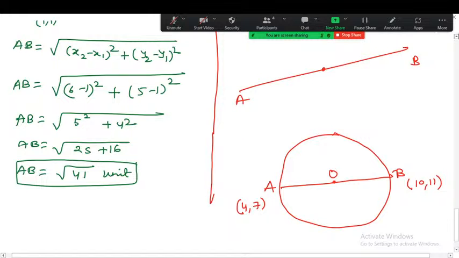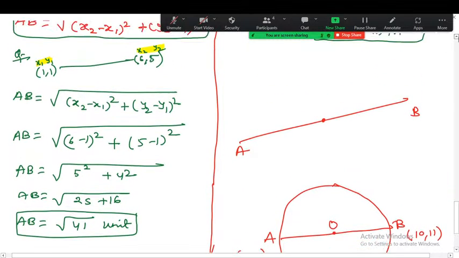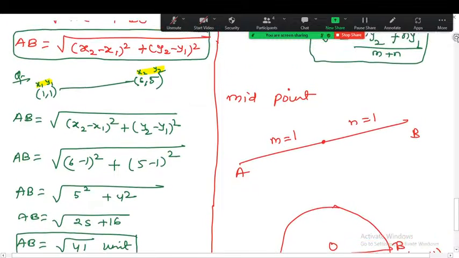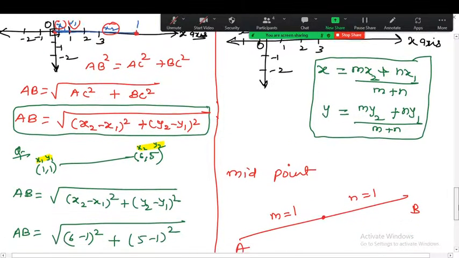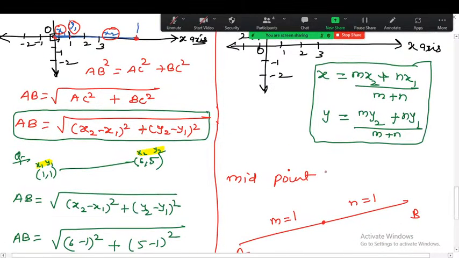In such cases, we call this the midpoint section formula, because here the sectional ratio is 1:1. That means M becomes 1 and N becomes 1. If you substitute M equal to 1 and N equal to 1 in the above two formulas, you will get the midpoint section formula.